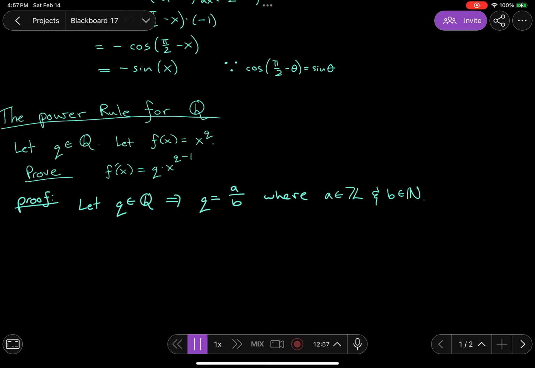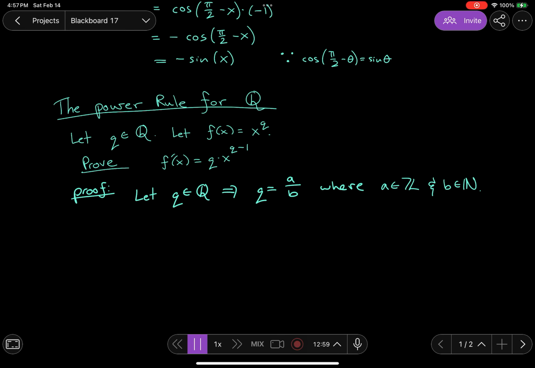That's really crucial. And I'm also going to let f of x equal x to the power of Q. Then I can replace Q with this new definition, so f of x is equal to x to the power of a over b, because Q equals a over b.